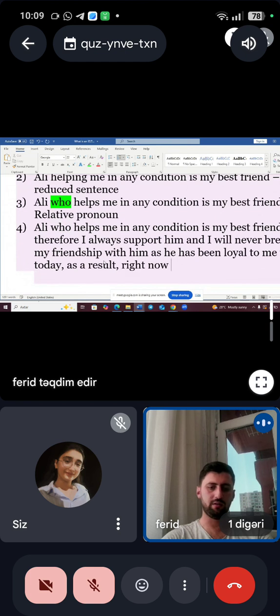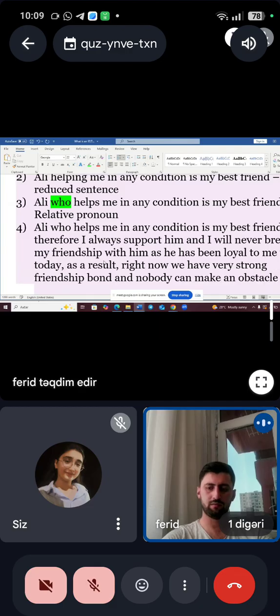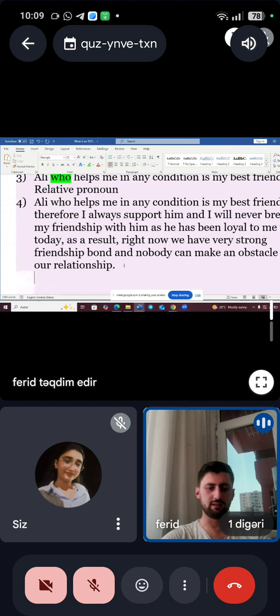Right now we have a very strong friendship bond, and nobody can make an obstacle for our relationship. Okay, this is a professional, academic, and long sentence.